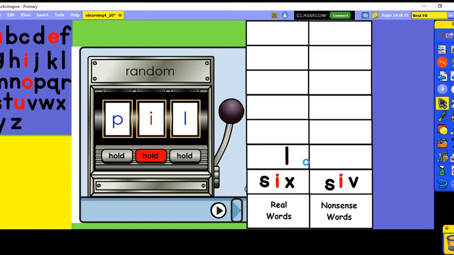So let's do it like this. We'll make it into a real word by adding 2 L's. How about that? Pill.